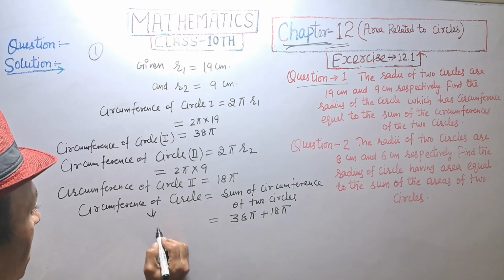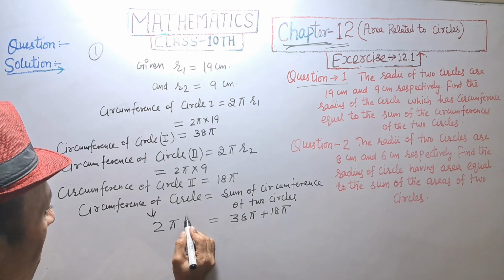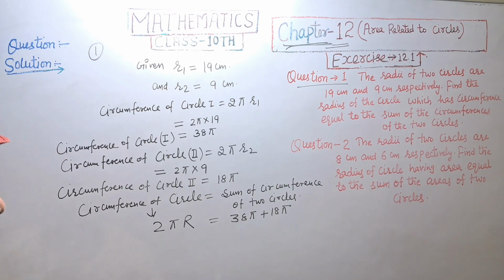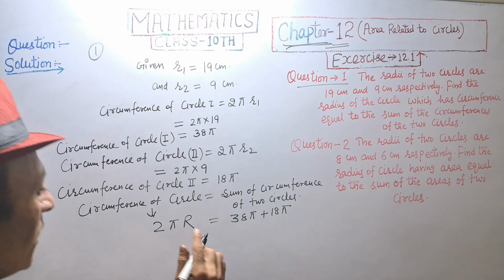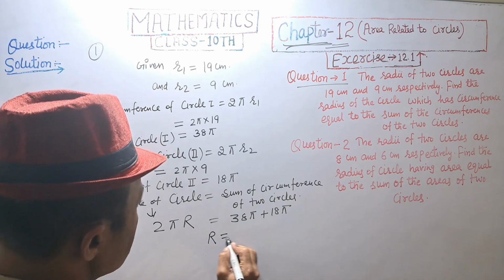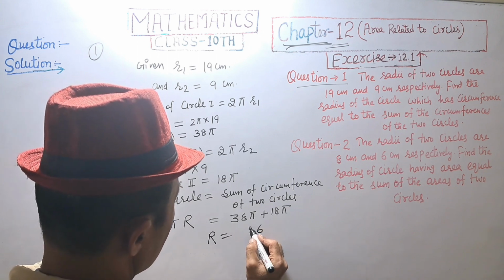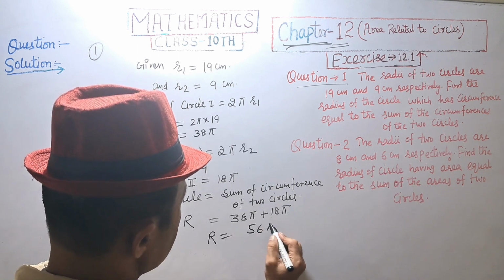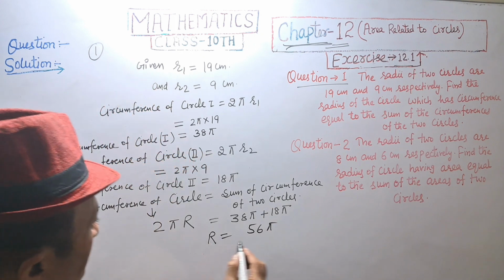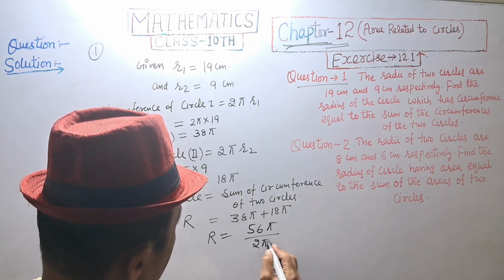Circumference of circle is equal to 2 pi r, and we find the radius of the circle. R is equal to 56 pi divided by 2 pi.